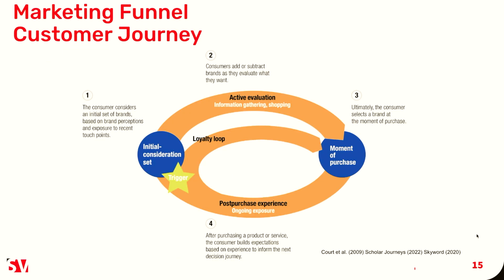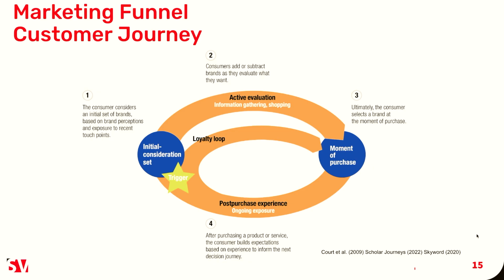We can look at it in a different format, which is the circular format you can see on your screen, but it is the same. This edition looks at a loyalty loop. So this shows you how the marketing funnel is not necessarily a funnel, but more of a loop.